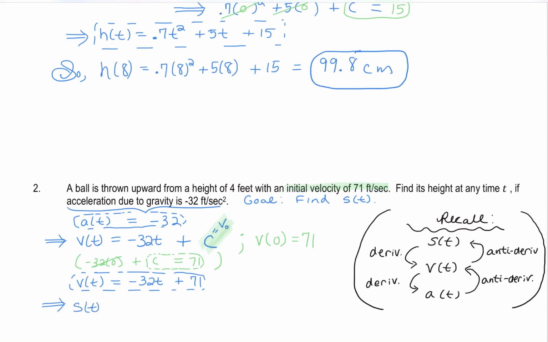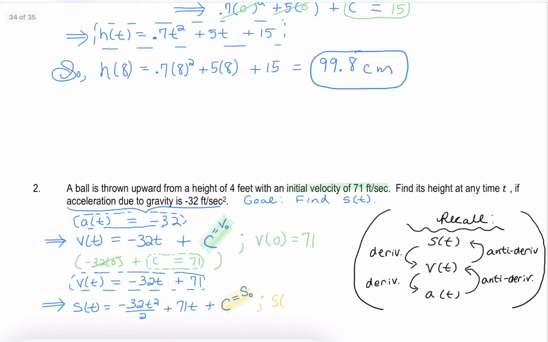So s of t is going to equal negative 32t squared over 2 plus 71t plus, again, an arbitrary constant, which a lot of times in these problems is referred to as s sub 0 to represent its initial position. That means we need some points on the original function in order to figure out what that constant is.